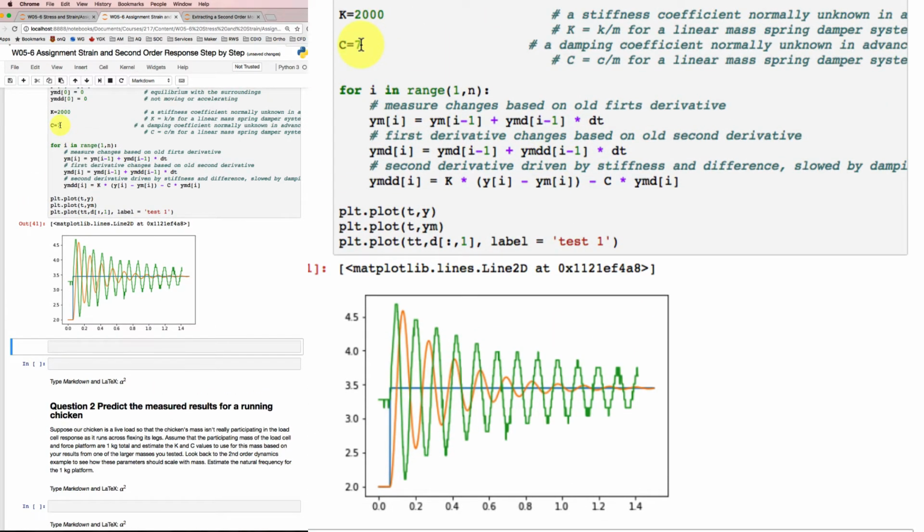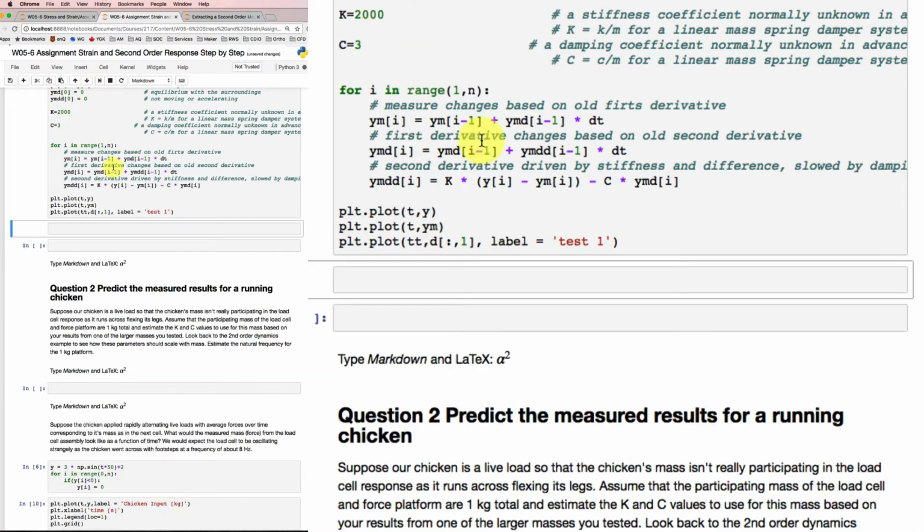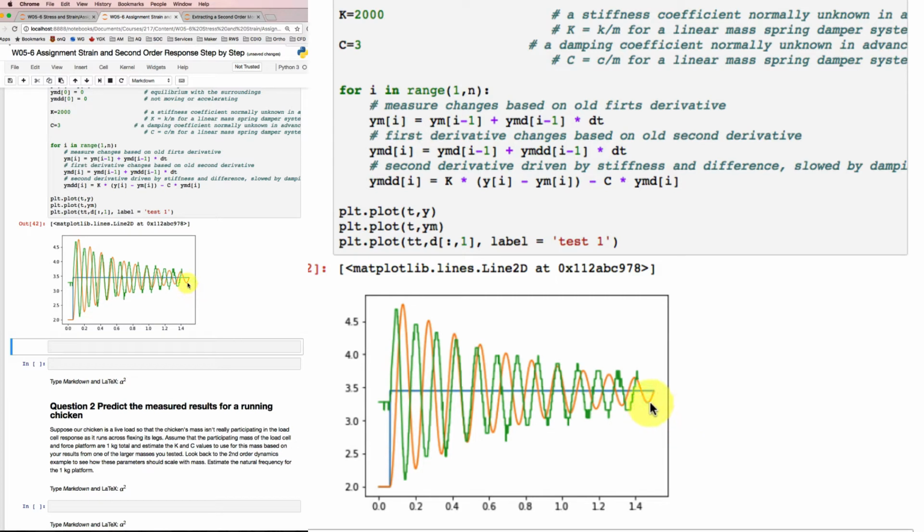So I'm going to decrease the damping coefficient. Let's make it about 3. It's doing about right there. It doesn't look too bad. Maybe still a little fast. Maybe call it 2. So that looks like it's got about the right amount of damping on it.